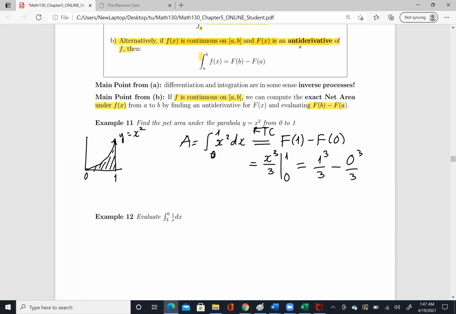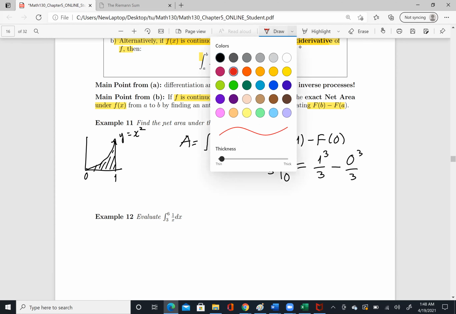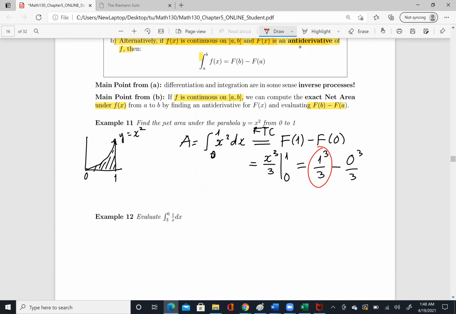So you can see that the antiderivative of x squared, F of 1, actually is this, and the F of 0 here is this.